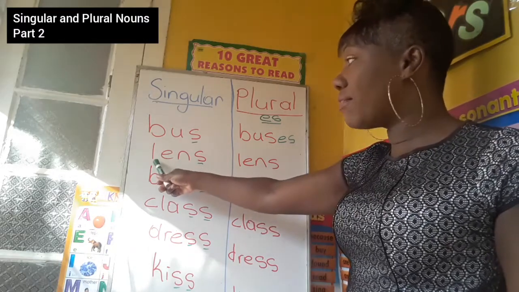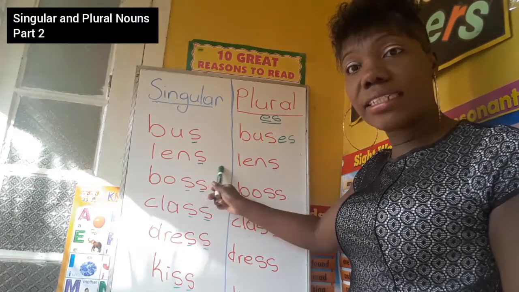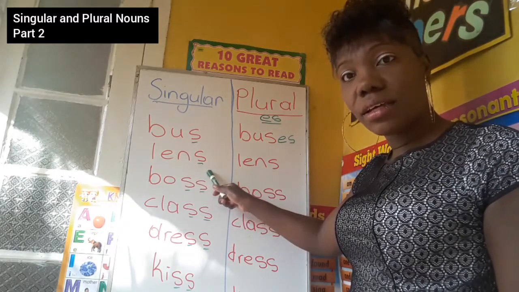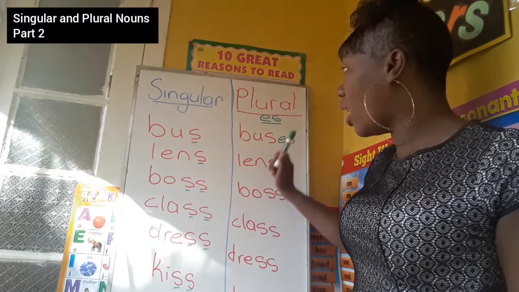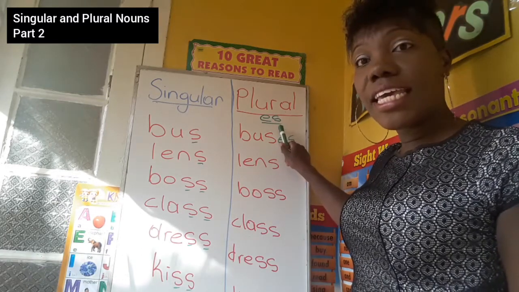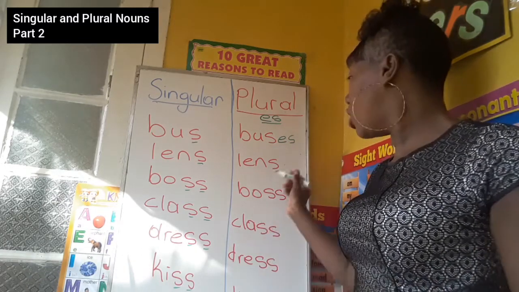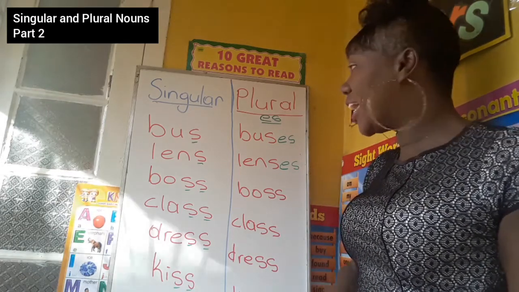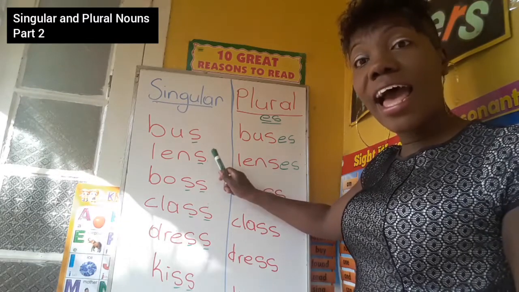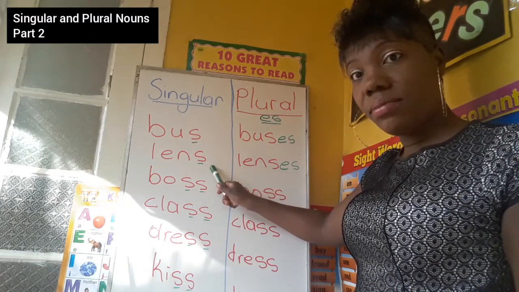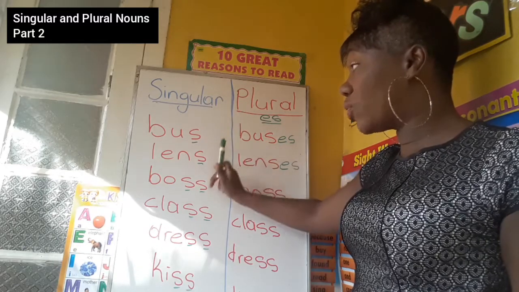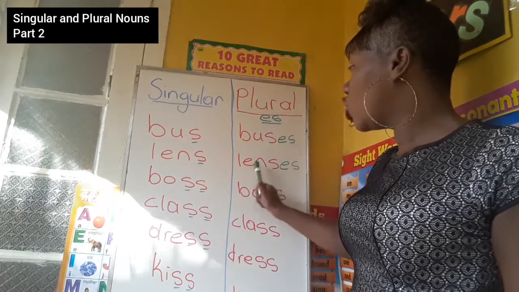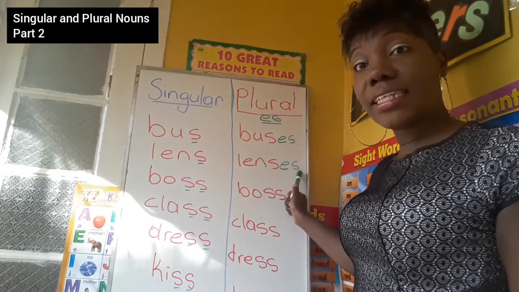Very good, ES, because it ends with S. So remember, singular nouns that end with S, to make them plural, you add ES.